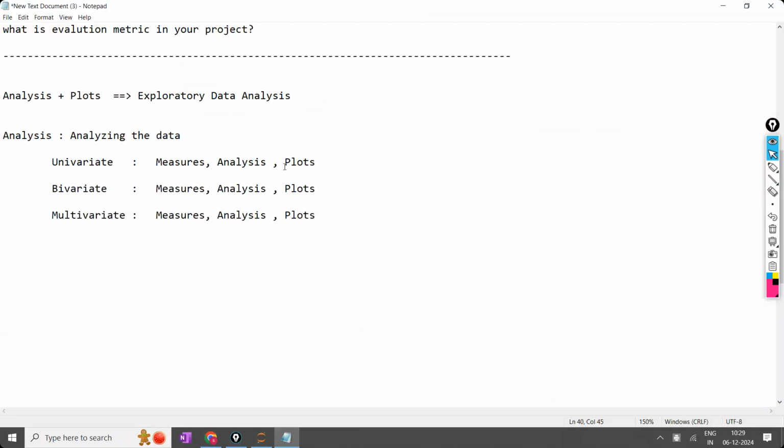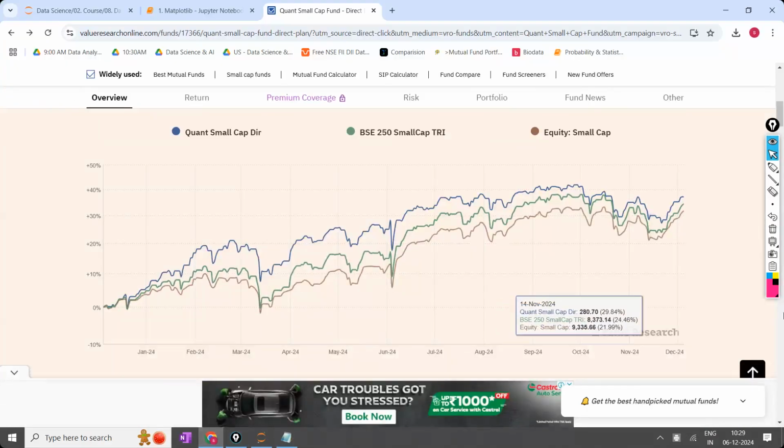I told you: measures are there, plots are there, analysis is there. Plot you are making, plot means plt.lineplot. That is the plot. From that plot, what you observed, that is analysis. Making the plot is different. Observing from the plot is different.